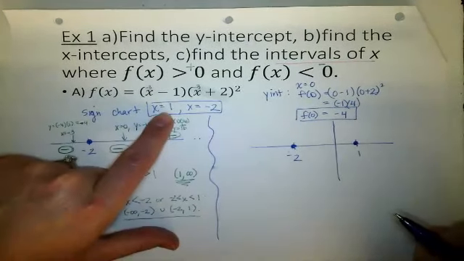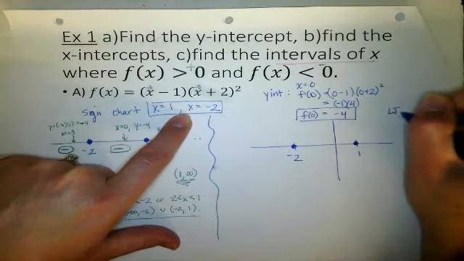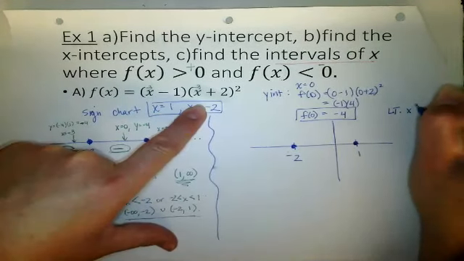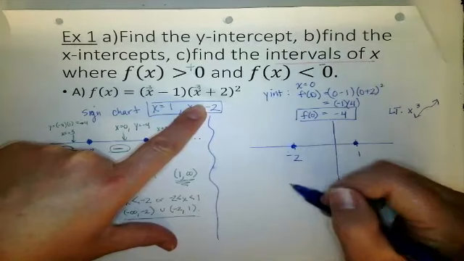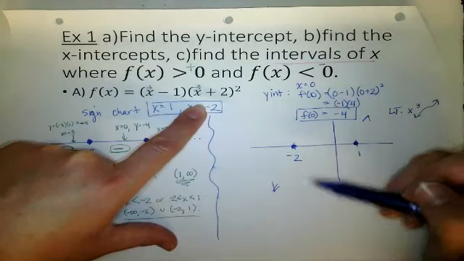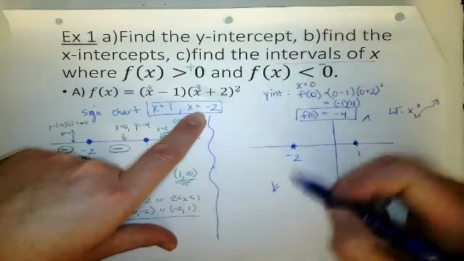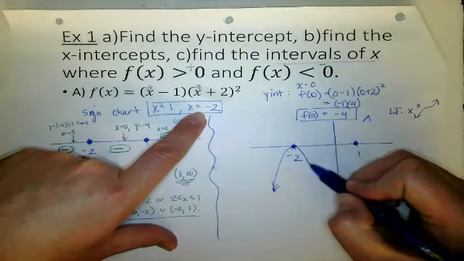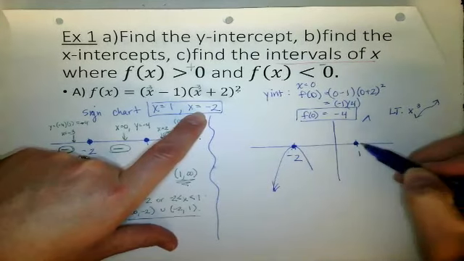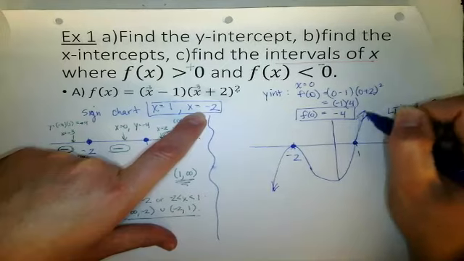And I know that my leading term would be x cubed. So we would start low on the left and then high on the right. At negative 2, we have multiplicity 2, so we're going to bounce there. And then at 1, we pass straight through. And so we have our graph.